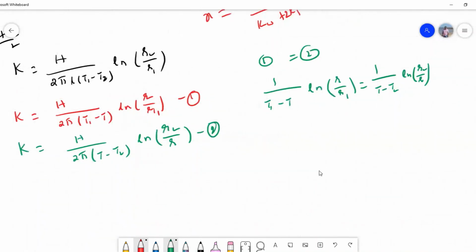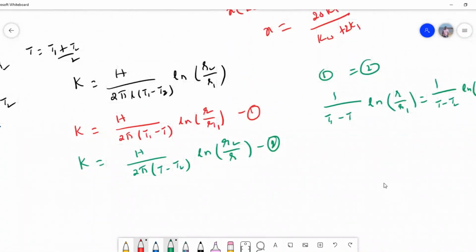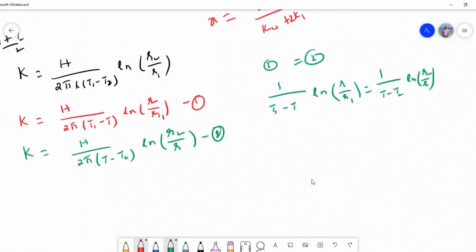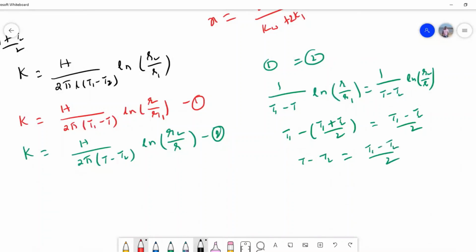So here what is T given? T is given as the average, (T1 plus T2) by 2. So let me check T1 minus that value. Clearly it is (T1 minus T2) by 2. Similarly, if I calculate T minus T2, I'll also get (T1 minus T2) by 2. So simply I can say these will cancel because the ratio is the same.